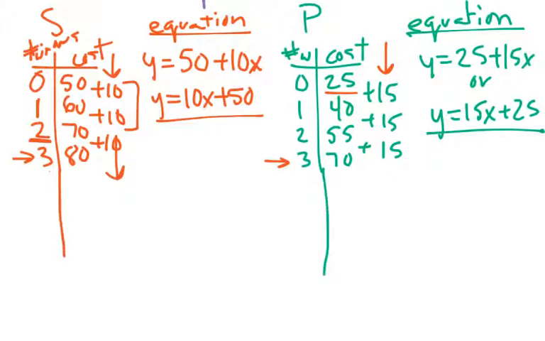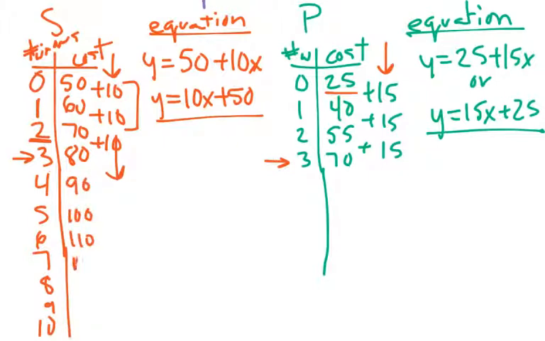So let's go up to, say, 10 windows. 3, 4, 5, 6, 7, 8, 9, 10. So that'd be 80, 90, 100, 110, 120, 130, 140, 150. Okay, 4, 5, 6, 7, 8, 9, 10.